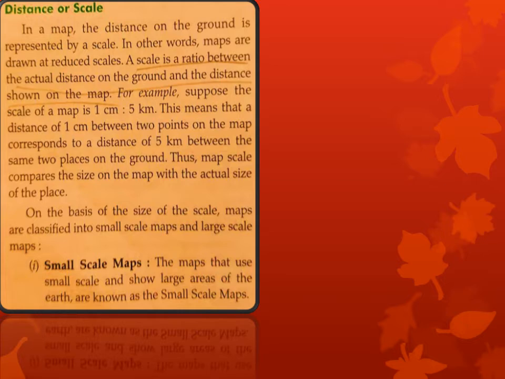For example, the scale of a map is 1 centimeter, but actually on the ground it will be 5 kilometers. This means 1 centimeter between 2 points on a map corresponds to a distance of 5 kilometers between the same two places on the ground.